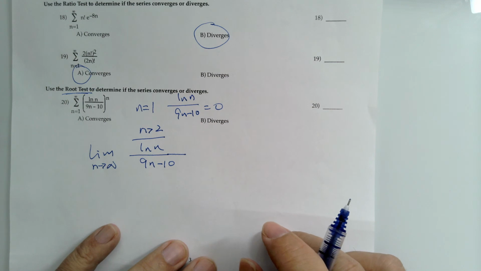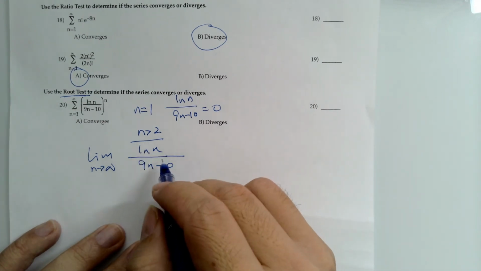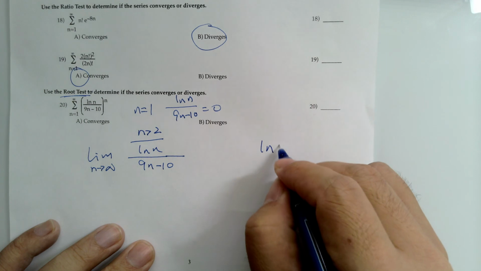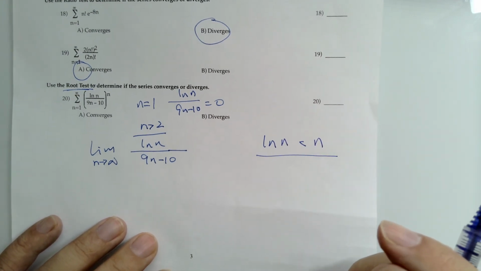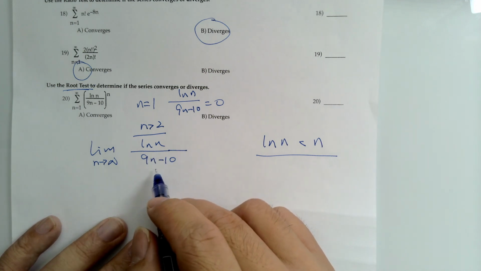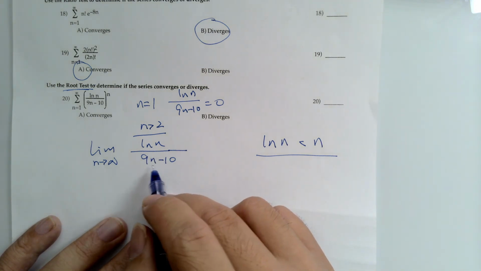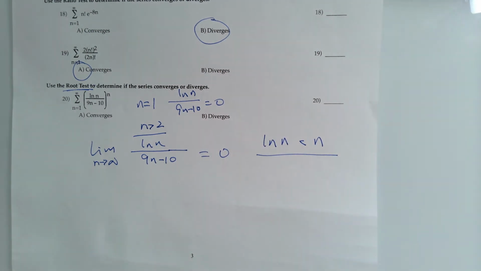And remember that ln n is less than n. In other words, as n goes to infinity, this part will become 0.